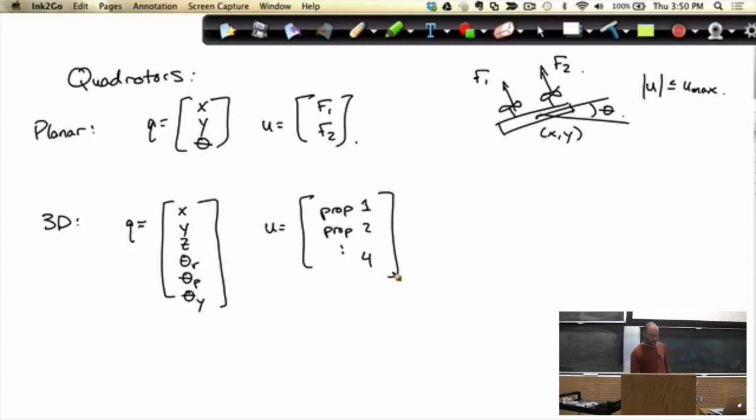Okay? Now why do I say there's a choice to be made there? If you've thought about 3D rotations ever, roll, pitch, and yaw can potentially have singularities. So a controller designed on these coordinates would blow up if the quadrotor goes to just the wrong orientation, and that's no fun.